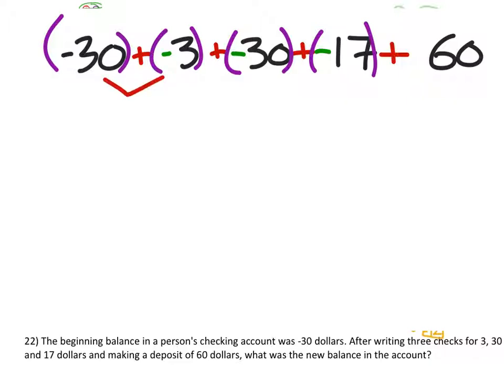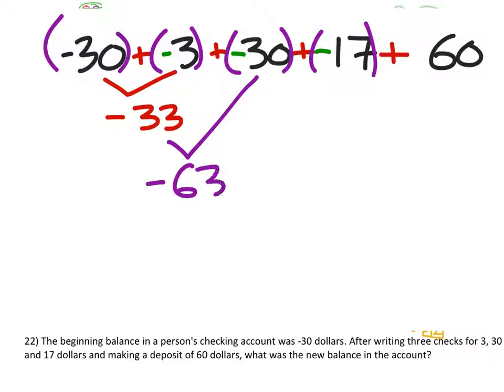But if I combine these, -30 and this -3 would give us owing $33. And then we're going to do this one a little bit different. I'm going to show it like this. So if I owed the bank $33 and then I wrote another check for $30, now I owe the bank a combination of the two, which would be $63.